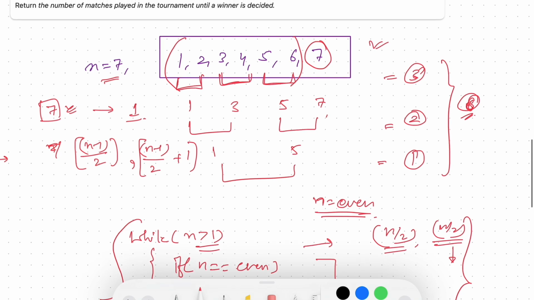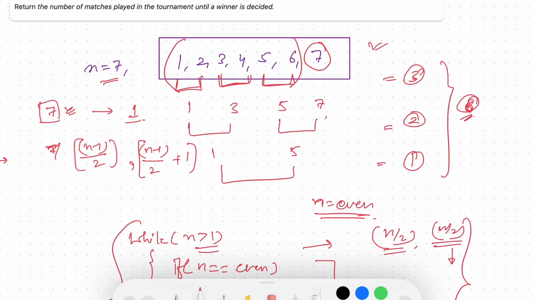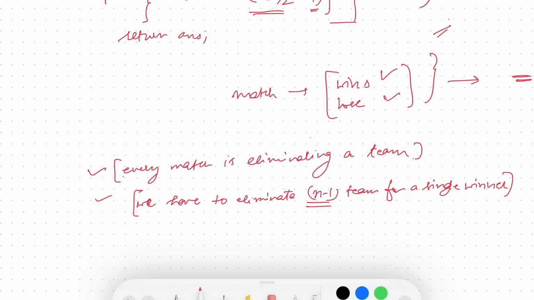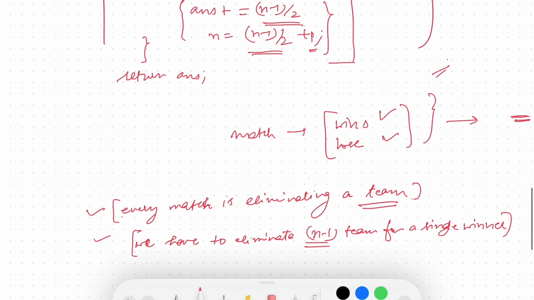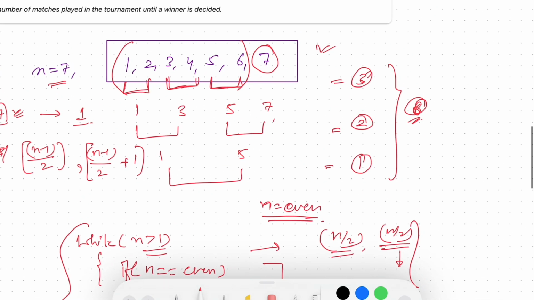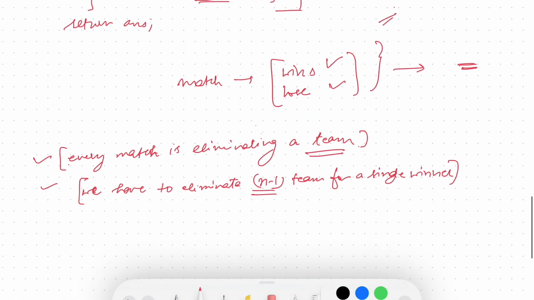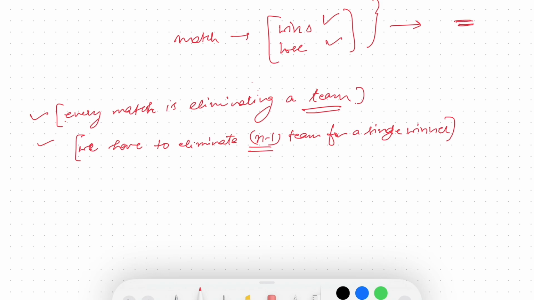But try to analyze: every team is going to participate in a match, and every team is going to lose except one team. Here we can see that every match is going to eliminate a single team. Let's say in the first round we had 3 matches, and each match eliminated one team. Now how many teams do we have to eliminate?